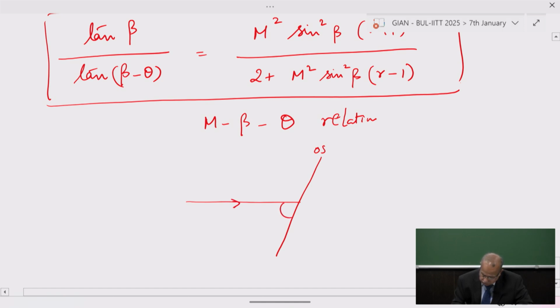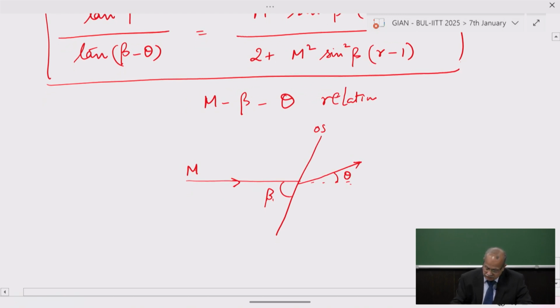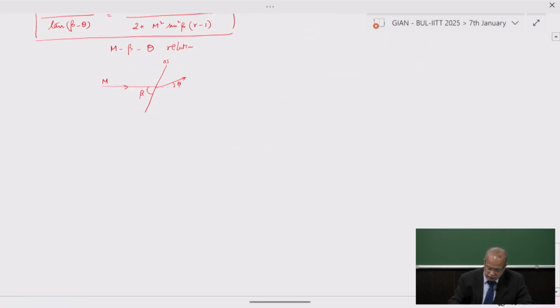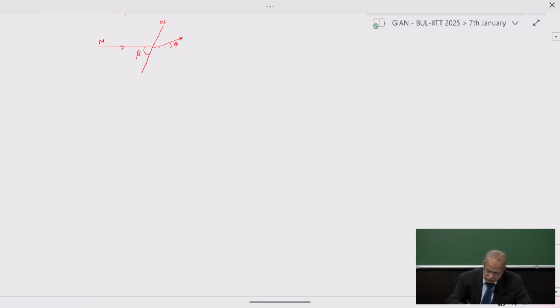So when a flow encounters an oblique shock at an angle beta, the flow encountering with the Mach number M, now what you see here, the flow turns by an angle theta. Is that clear? So this is the M beta theta information we have. Now let's try and plot this relationship on a graph, and then we'll take it forward from here.